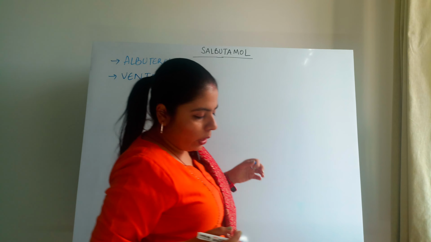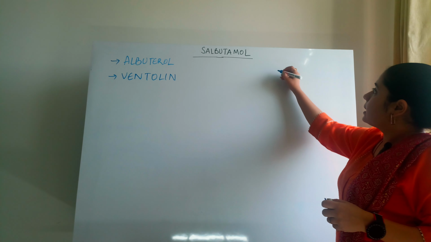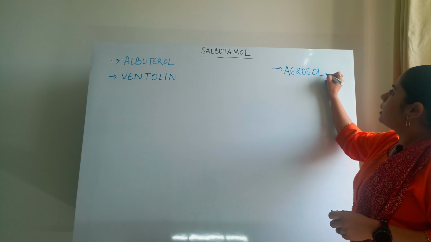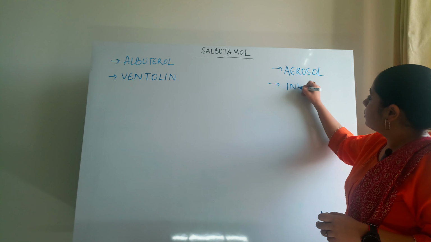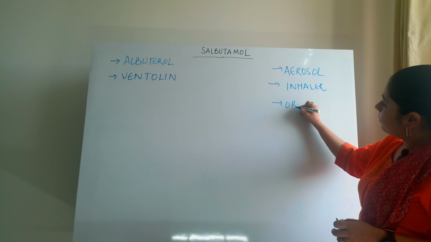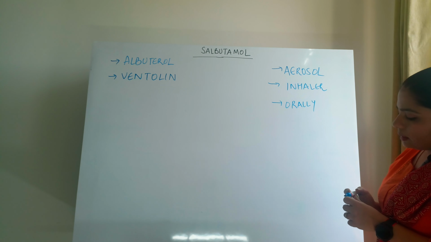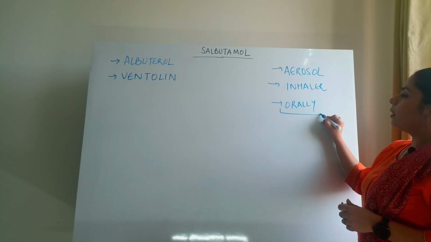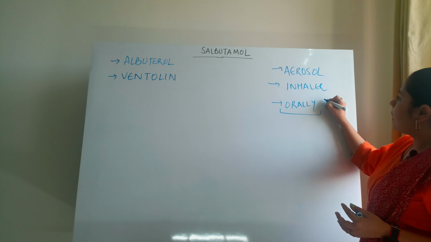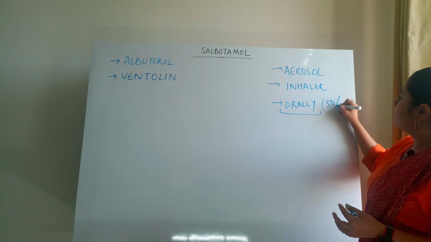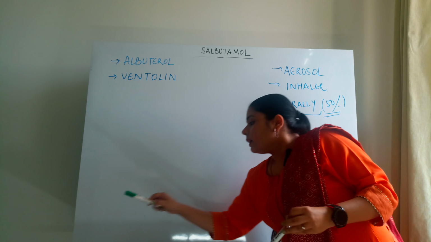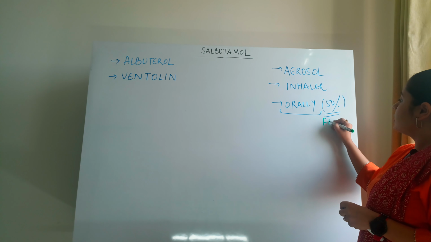Usually salbutamol is given as an aerosol or as an inhaler. It can also be given orally. The main disadvantage of giving the drug orally is that it takes longer hours to show its action, and the bioavailability is decreased because 50% of the drug is exhausted by the first pass metabolism.